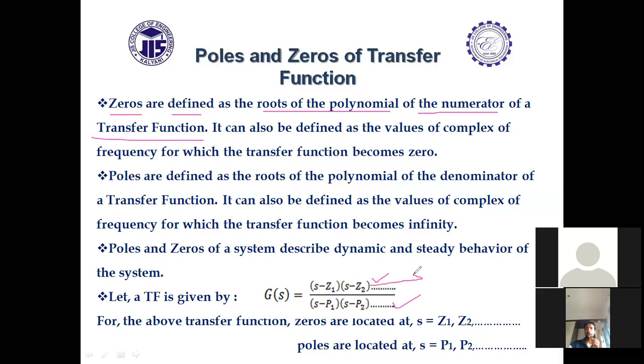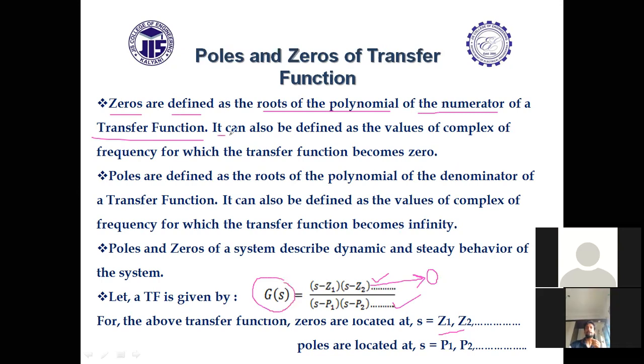If this numerator is equated to 0, you will get some values of s, that are z1, z2. So these z1, z2 are values of s for which this numerator part becomes 0. Now when numerator part becomes 0, the entire transfer function G(s) becomes 0.